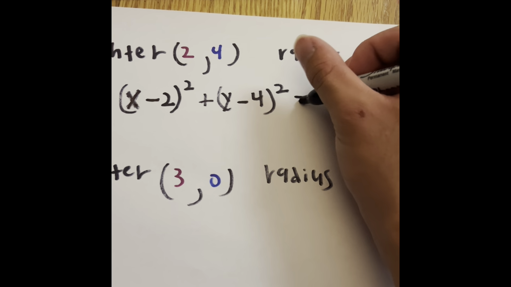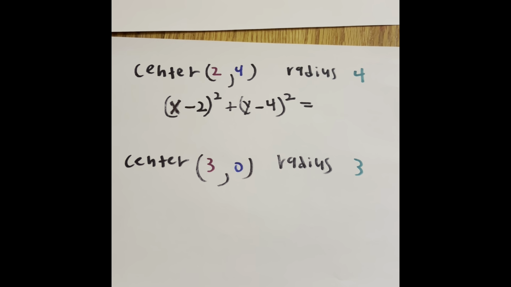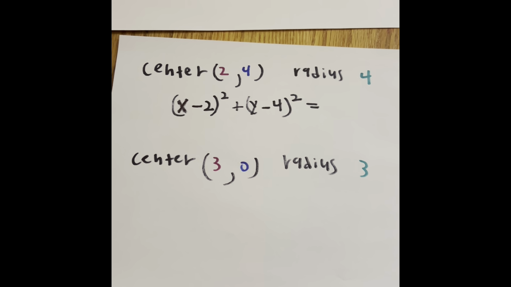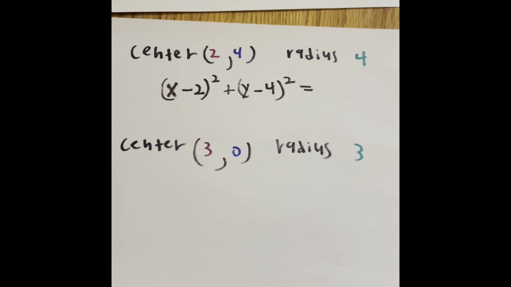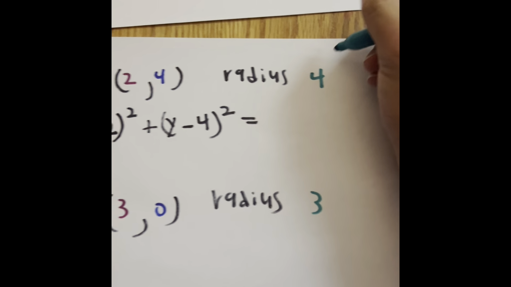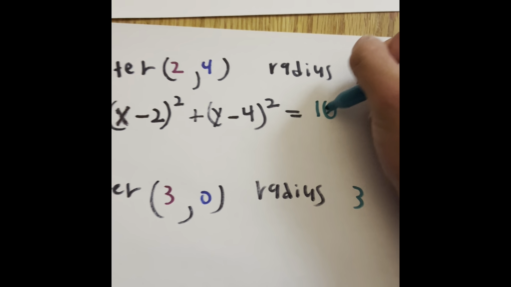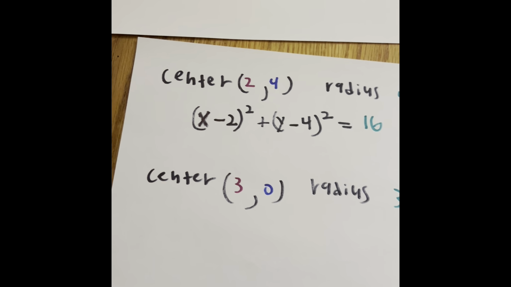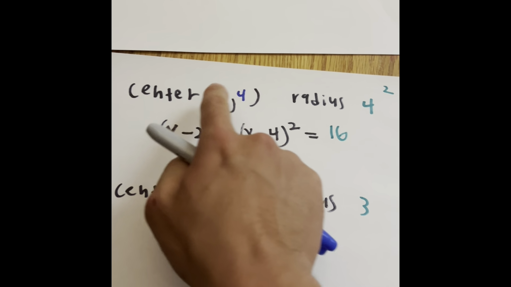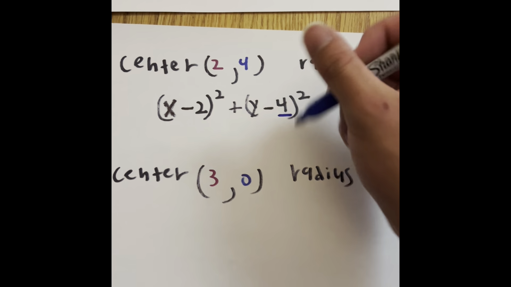And that is going to equal, we have a radius of 4, but since we're trying to reverse the effect and build the equation instead of solving the equation and graphing it, we are going to have to square the 4. So 4 squared is 16. So this is going to be what the equation would look like when you have a center point of 2, 4, and a radius of 4.